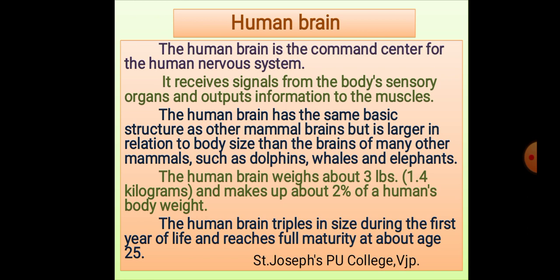The human brain weighs about 3 pounds, or 1.4 kilograms, and makes up about 2% of a human's body weight. The human brain triples in size during the first year of life and reaches full maturity at about age 25.